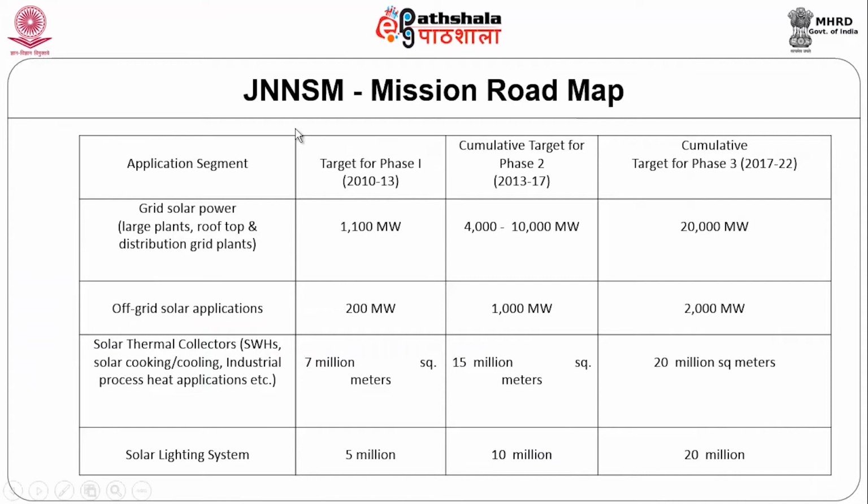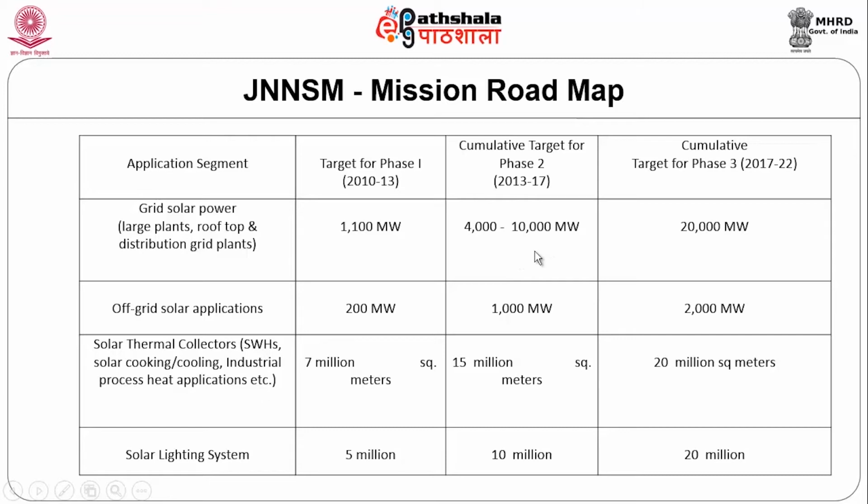And this is about JNNSM, the Jawaharlal Nehru National Solar Mission. This is the mission roadmap. For grid connected solar power, from 2010 to 13 the target was 1100 megawatt, which we have already surpassed. From 2013 to 17, 4000 to 10,000 is expected.